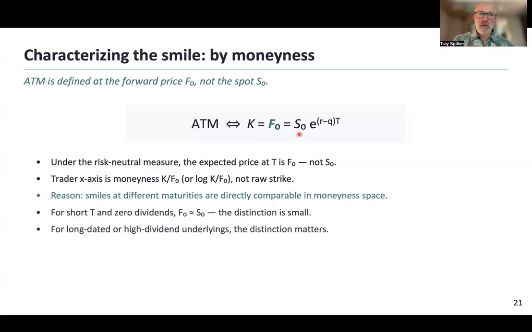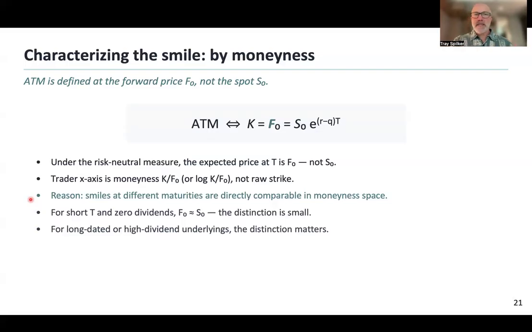So when we're plotting moneyness instead of raw strike prices, it'll make smiles at different maturities comparable to each other, right? Which is why we do that. It effectively puts them all on the same playing field from an evaluative perspective. We're basically accounting for time by equating the strike price to the futures price.